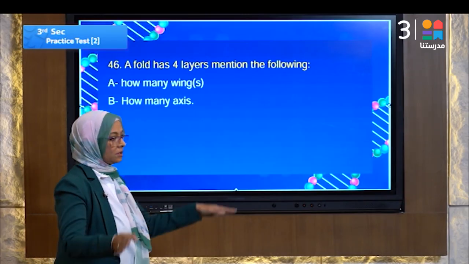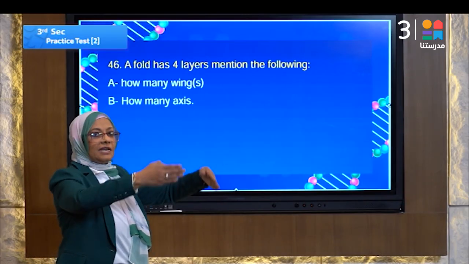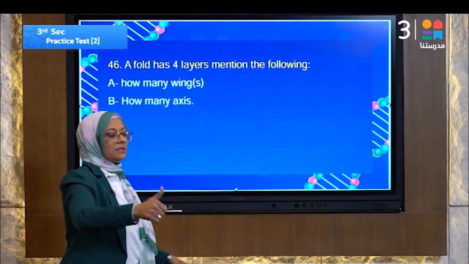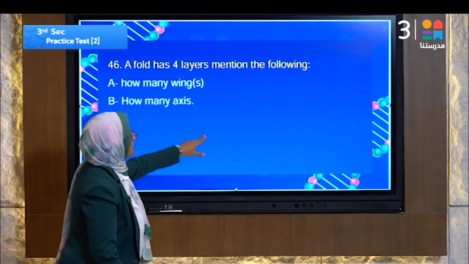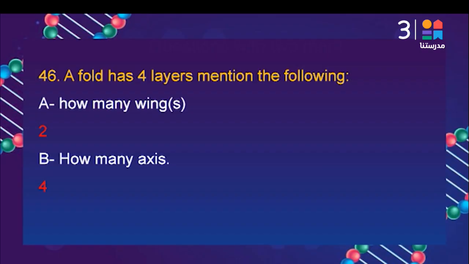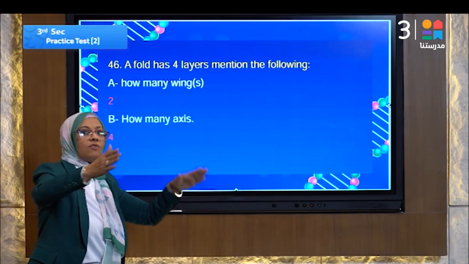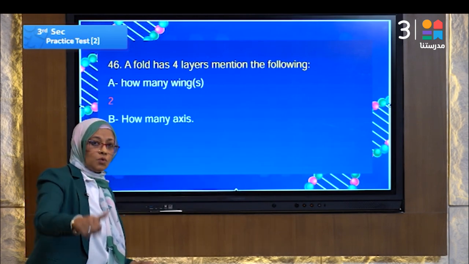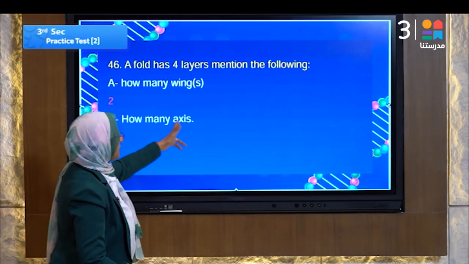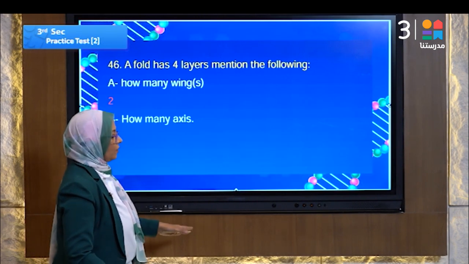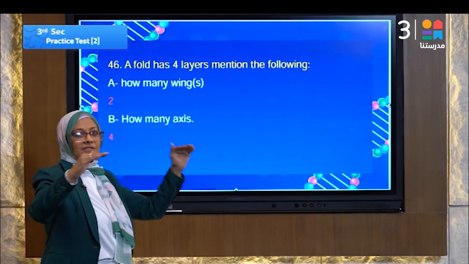A fold with 4 layers has 2 wings. How many axes? They have 4 axes.